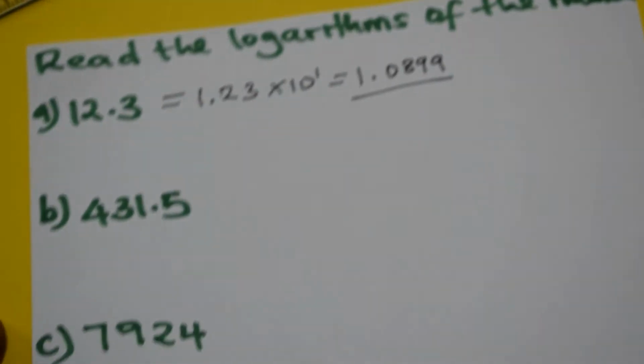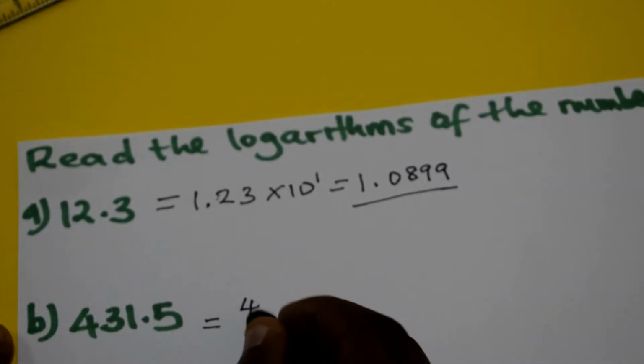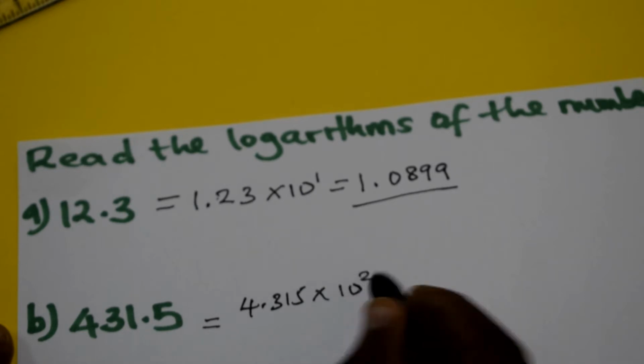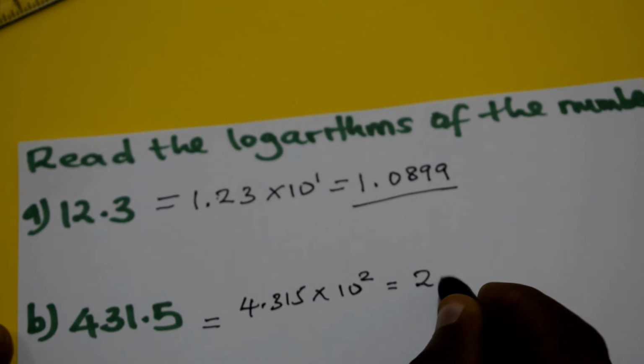The next number is 431.5. The standard form of this one is 4.315 times 10 power 2, which is going to give us 2 point.